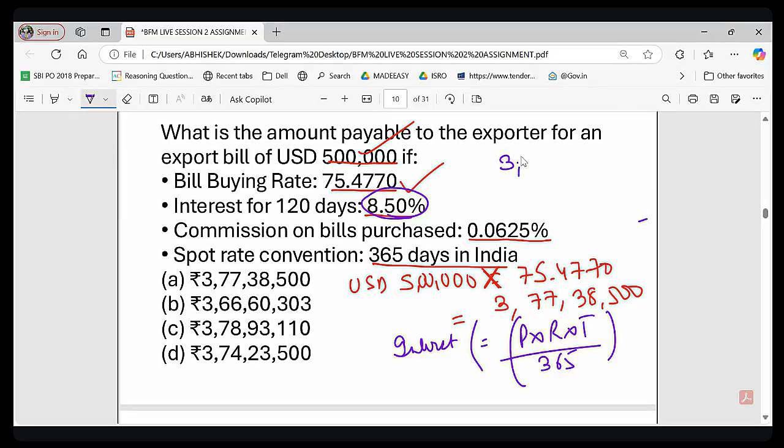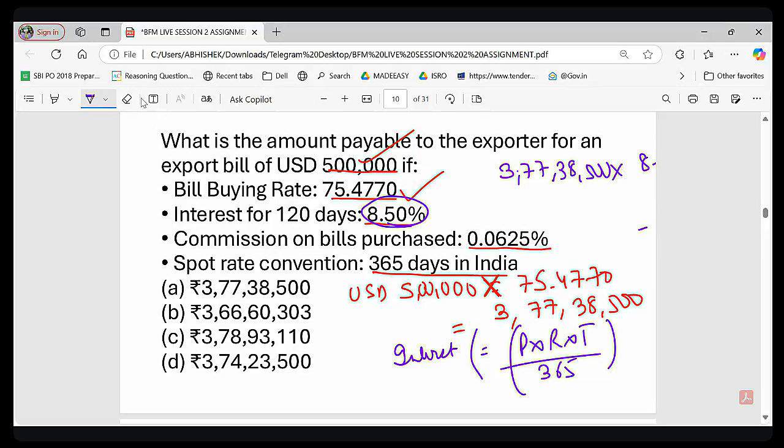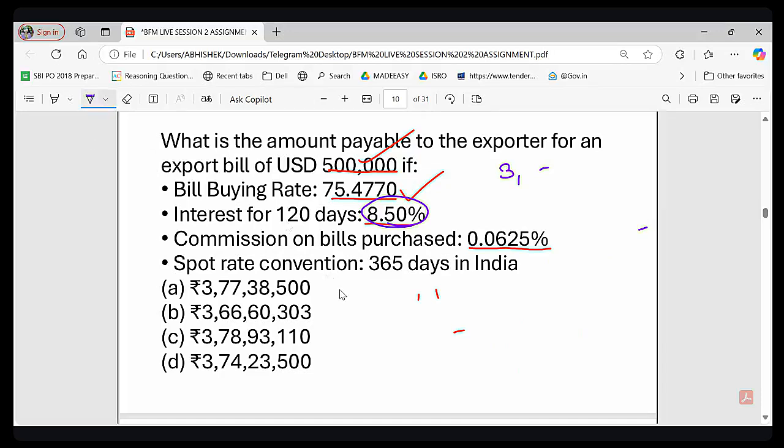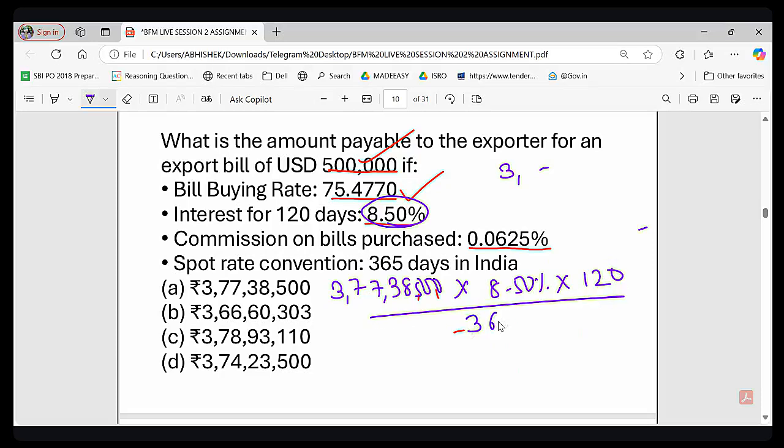So this will give you 3 crore 77 lakh 38,500 multiplied by 8.50% multiplied by 120 divided by 365.